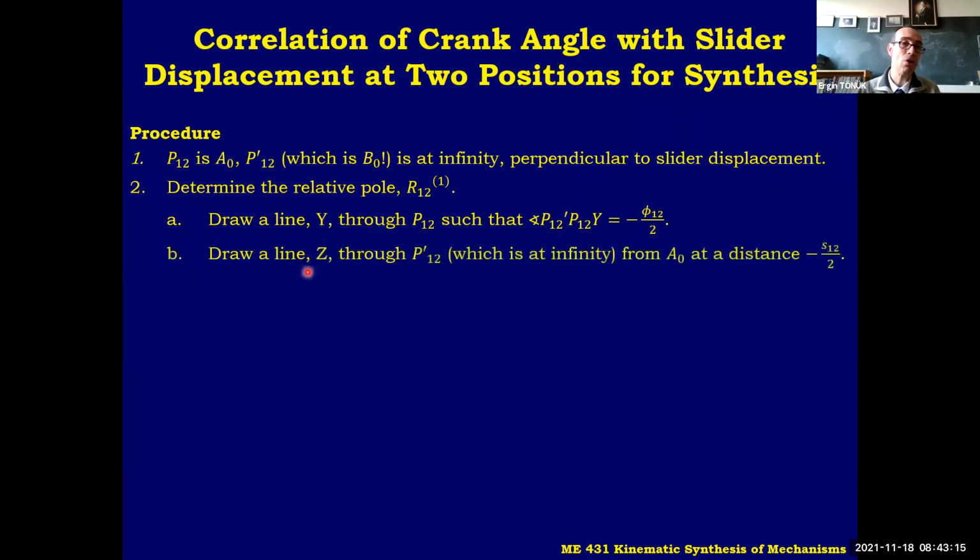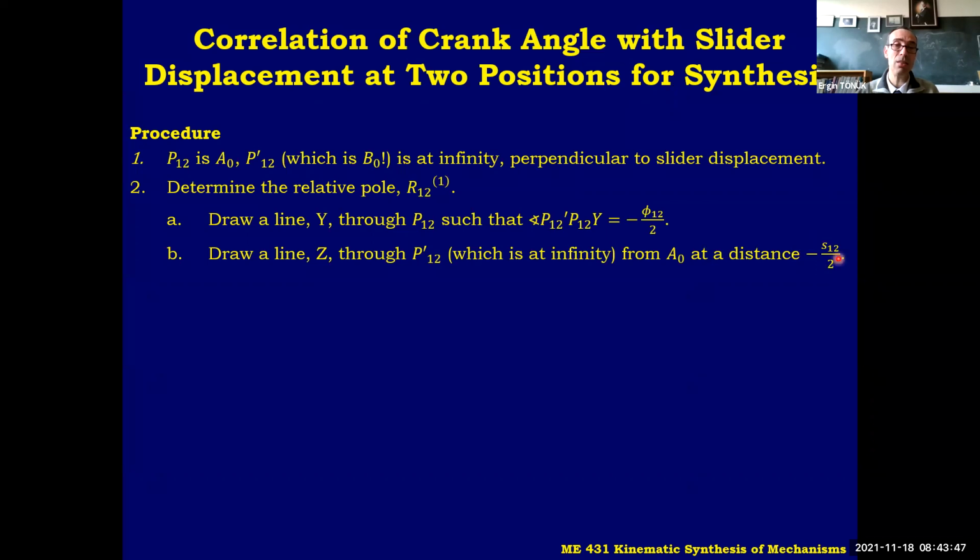Then we have to draw a line Z through P12 prime, which is at infinity and perpendicular to the slider direction. That passes from A0, that makes a distance from A0 negative half of the slider displacement. So if you want the slider to be traveling to the right, this is half the distance to the left, okay?